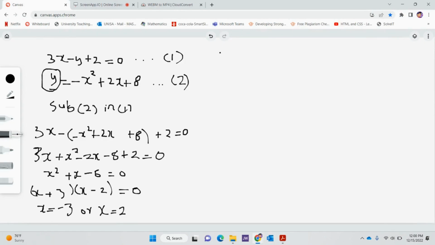Remember, we do have to go find the other variable, which is y. All right. So we can use equation 2 because y is already subject of the formula, or we can make y subject of the formula from equation 1 and substitute into it. Doesn't really make any difference. Okay. So I think I will work with this one. If I make y subject of the formula from equation 1, it's going to be y is equals to 3x plus 2.